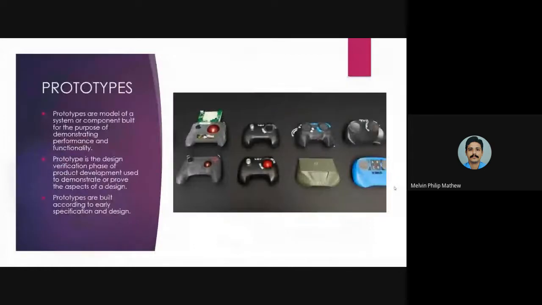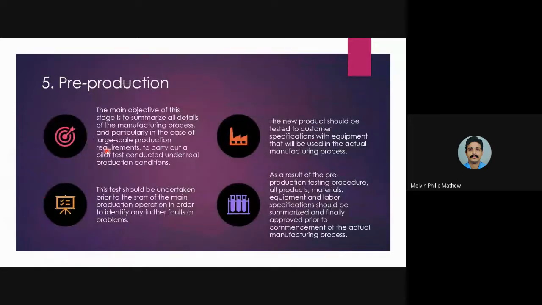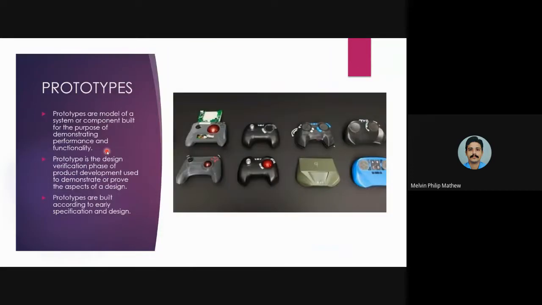So what are basically prototypes? Prototypes are a model of a system or a component built for the purpose of demonstrating performance and functionality. These come under the pre-production product development process. Prototypes are nothing but a model of the original product to be created.